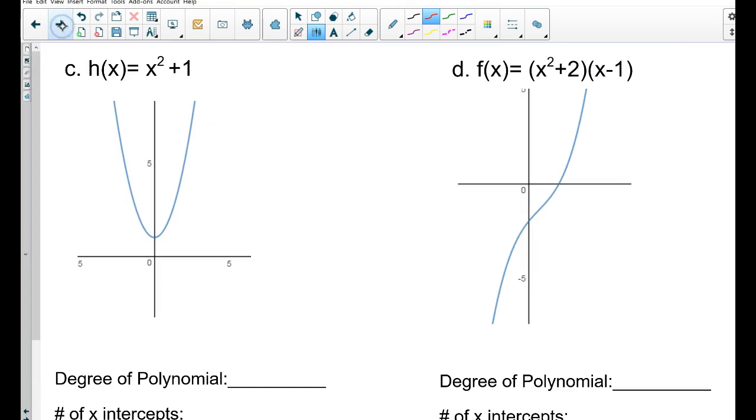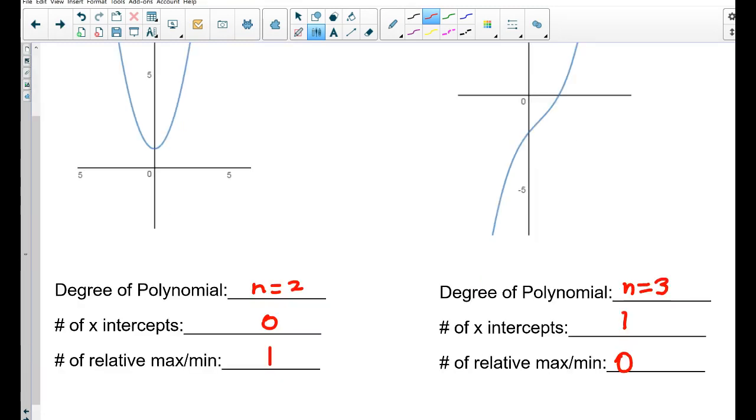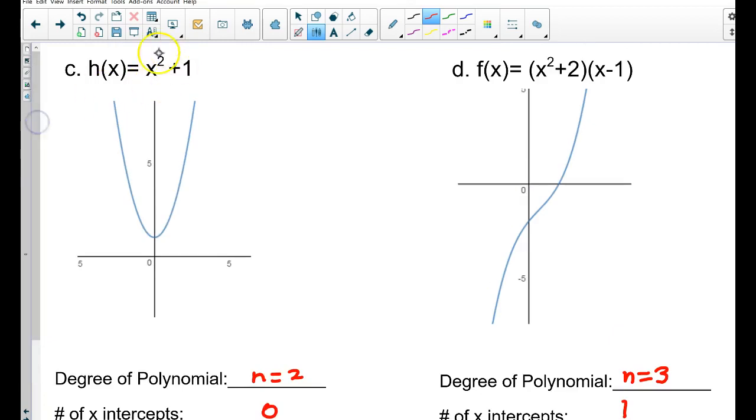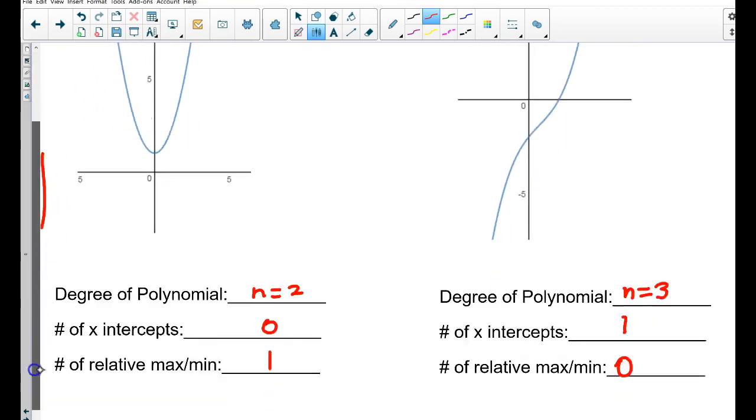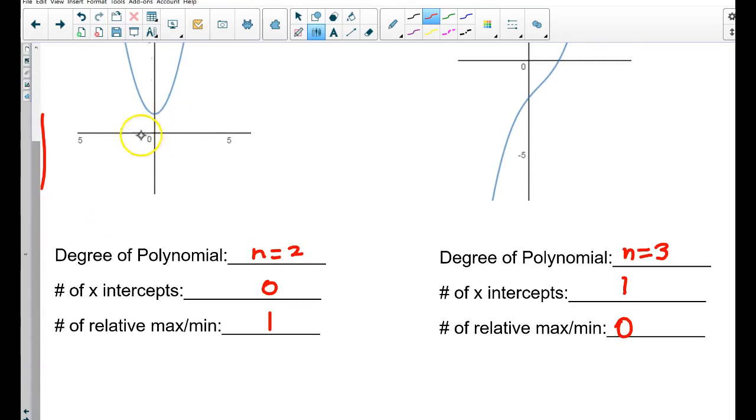What I'd like you to do right now is put the video on hold and work on part C and D. Okay, take a look at the results and see if you matched the answers. Here, I have a degree of 2. Notice that the function does not intersect the x-axis at all, so it has 0 x-intercepts, yet it has 1 minima.